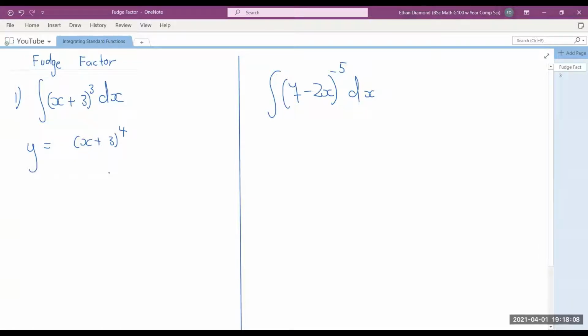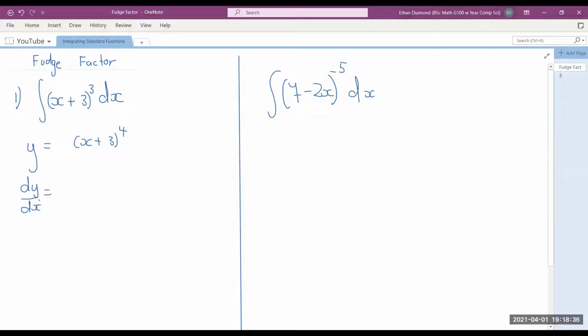And to think about that, we have to be really good at differentiation. In particular, we have to know the chain rule like it's the back of our hand. So, as you know, differentiation is the opposite of integration. One is the opposite of the other. So if we differentiate this function of y, then we need to use a chain rule, which I'm going to assume you know how to do.